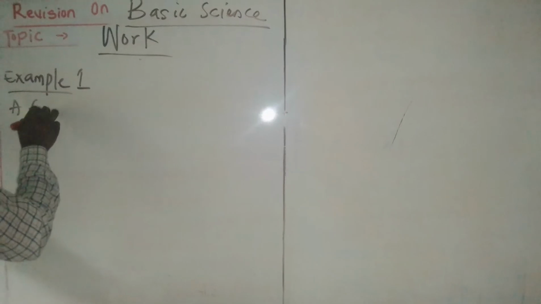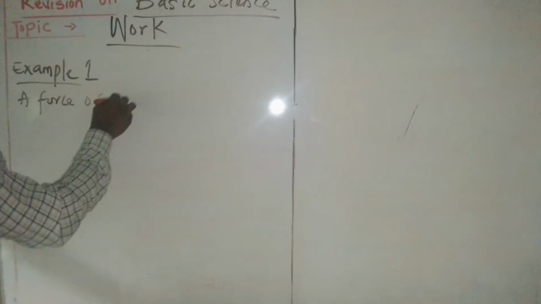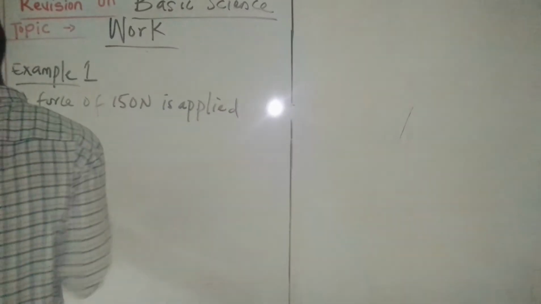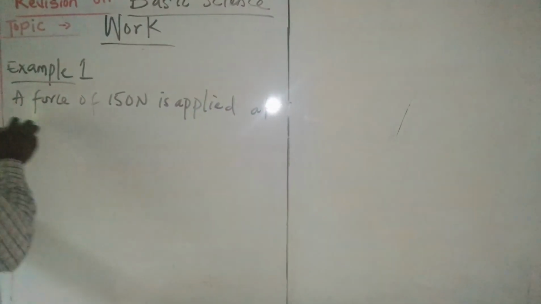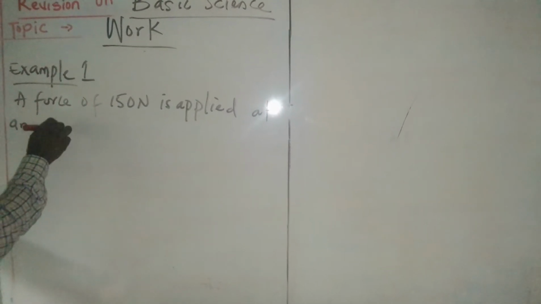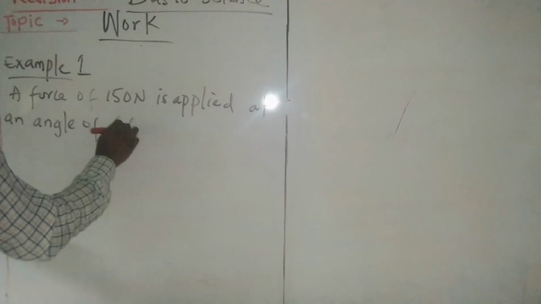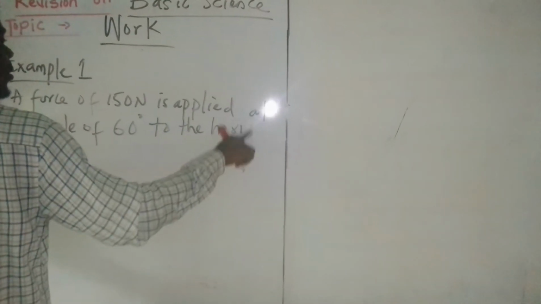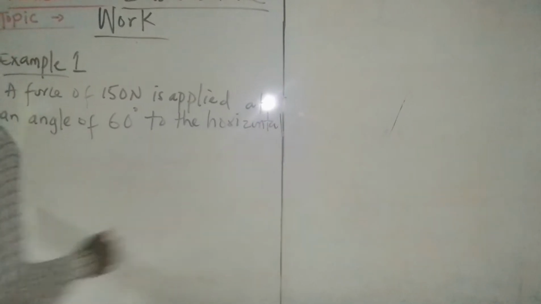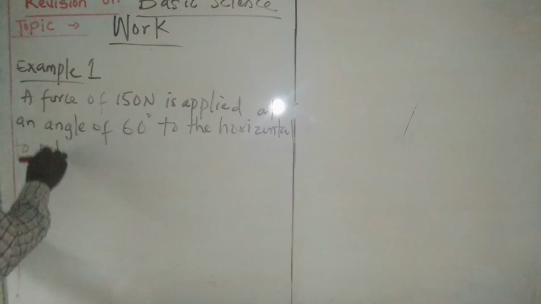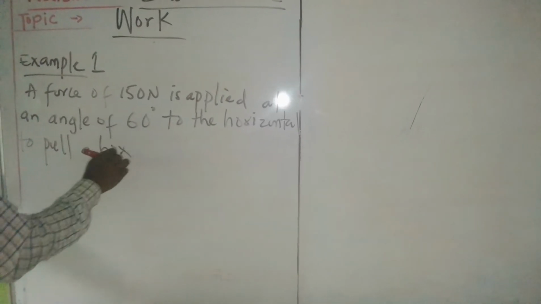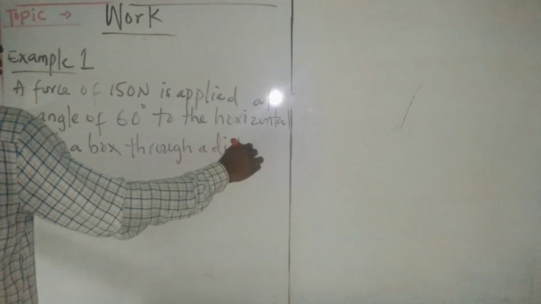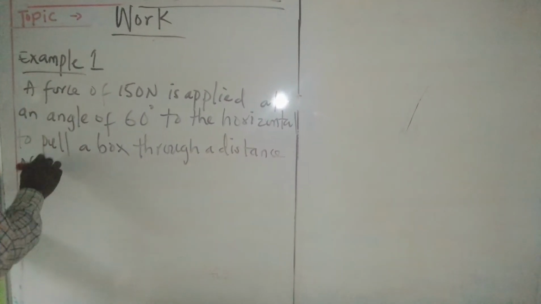A force of 150 Newton is applied at an angle of 60 degrees to the horizontal to pull a box through a distance of 50 meters.